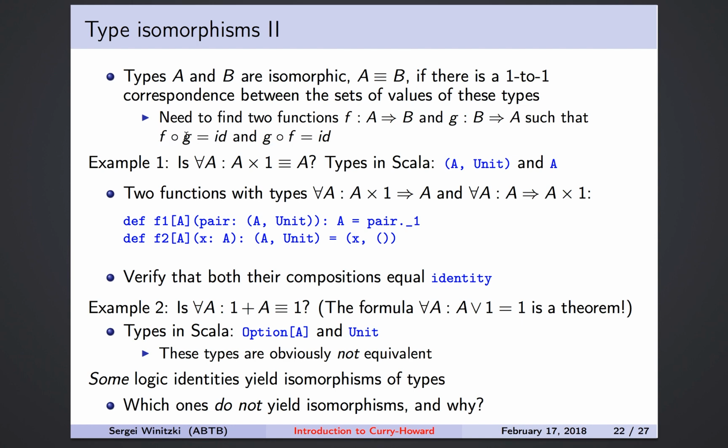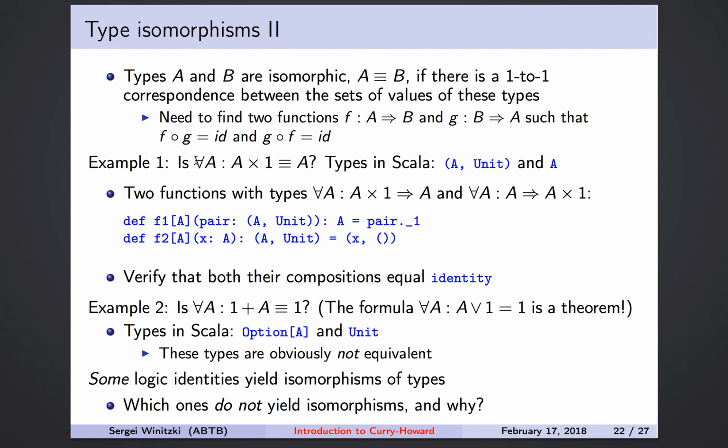So f compose g, or f then g, will give you from A to B and then from B to A back. So that would be identity of A to A. This will be identity of B to B. If the composition is identity, it means we indeed did not lose any information.